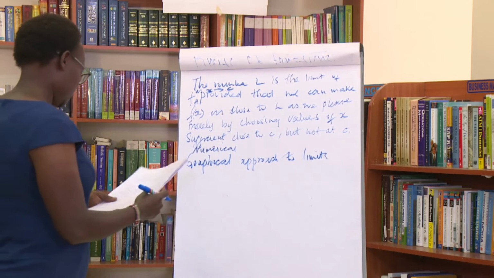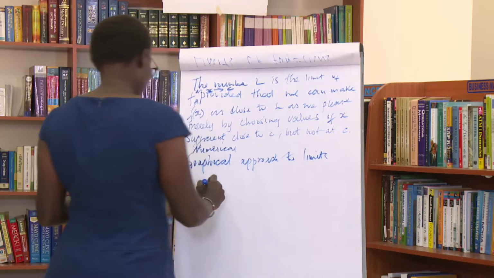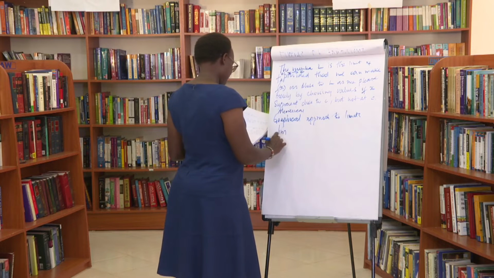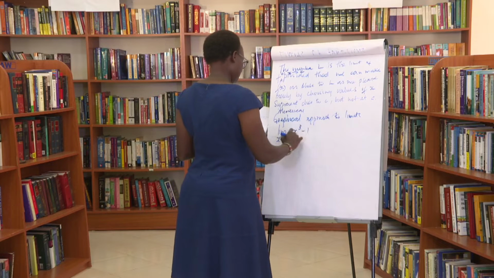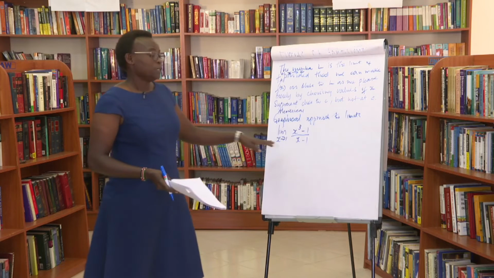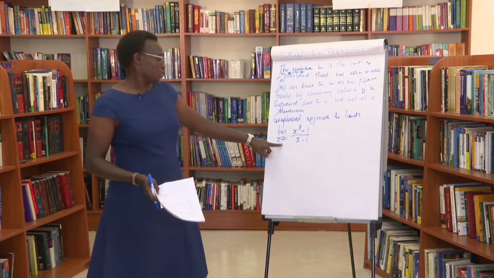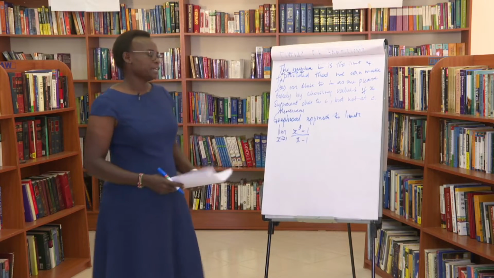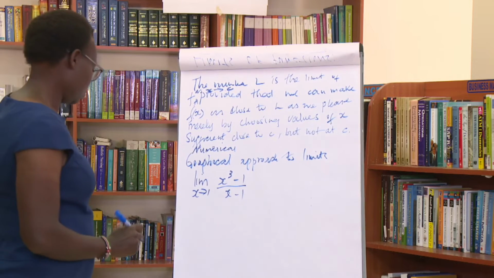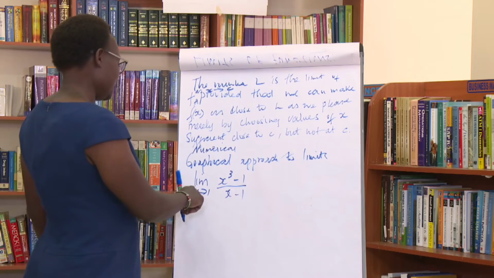So if we start with this function, we are supposed to get the limit of this function as x tends towards 1. The function that we have is x cubed minus 1 over x minus 1. Our c here is 1.